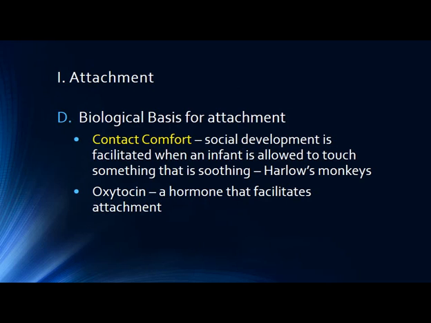One of the things we know from a more modern neuroscience perspective is that this is related to the release of the hormone oxytocin. And it's this hormone that facilitates attachment. There's been some question about whether you could give people more oxytocin to try to change their attachment.